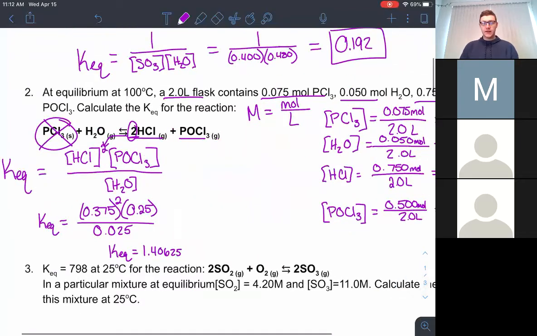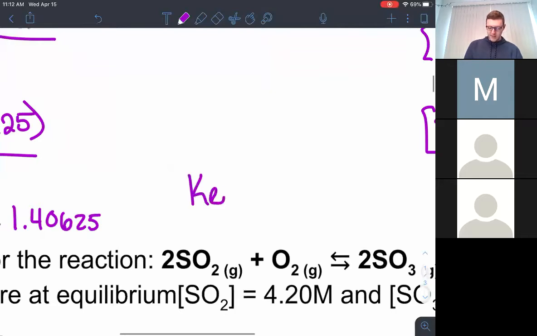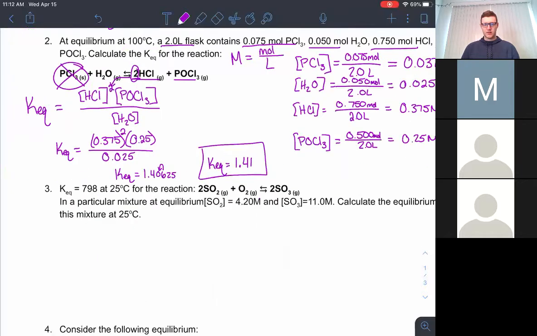How many significant figures should we have here? 3. Okay, so our KEQ is equal to, rounding to 3 sig figs, 1.41. Perfect. Any questions on number 1 or number 2 at this point? No. Nope.